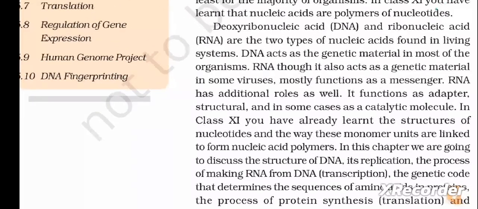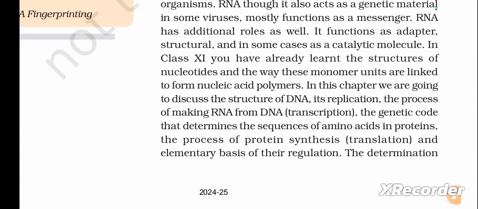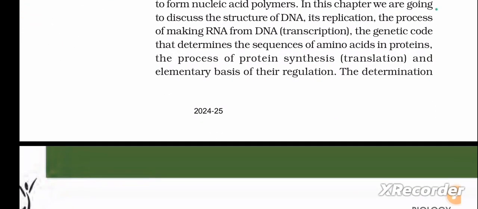In class 11, you have already learned the structures of nucleotides and the way these monomer units are linked to form nucleic acid polymers. In this chapter, we are going to discuss the structure of DNA, its replication, the process of making RNA from DNA, that is transcription, the genetic code that determines the sequences of amino acids in proteins, the process of protein synthesis, that is translation, and elementary basis of their regulation.